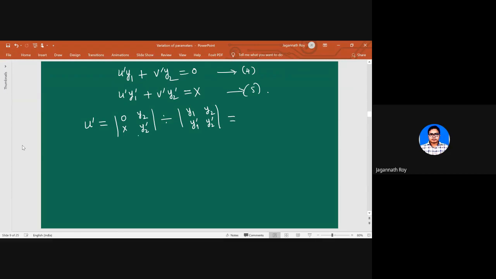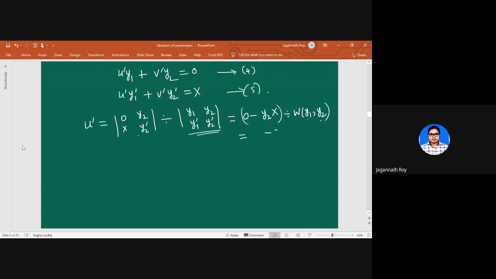If you expand this determinant, we'll get 0 minus y2 x, divided by, this is nothing but the Wronskian, W of y1 and y2.